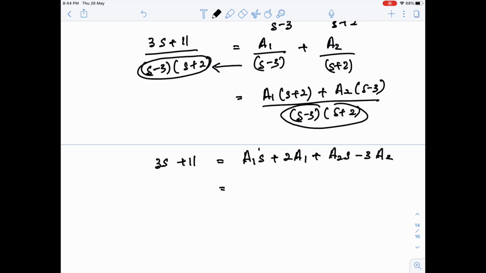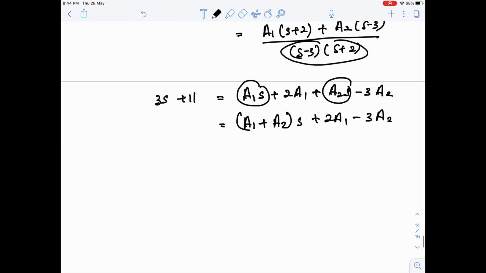You factorize the terms having s, so you will get (a1 plus a2)s plus 2a1 minus 3a2. By comparing both sides, we have a1 plus a2 equal to 3, and 2a1 minus 3a2 equal to 11.